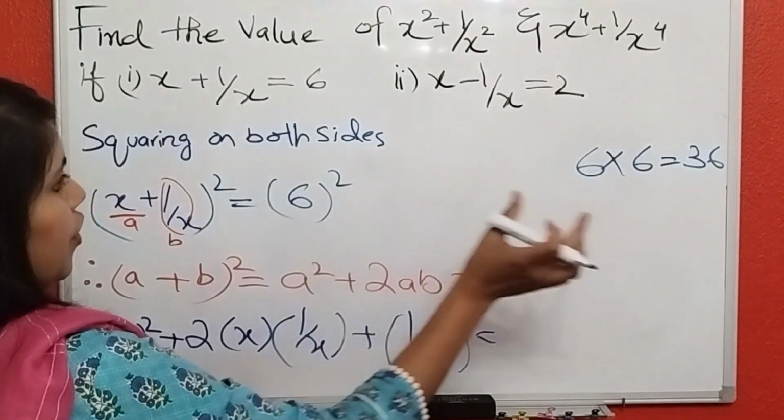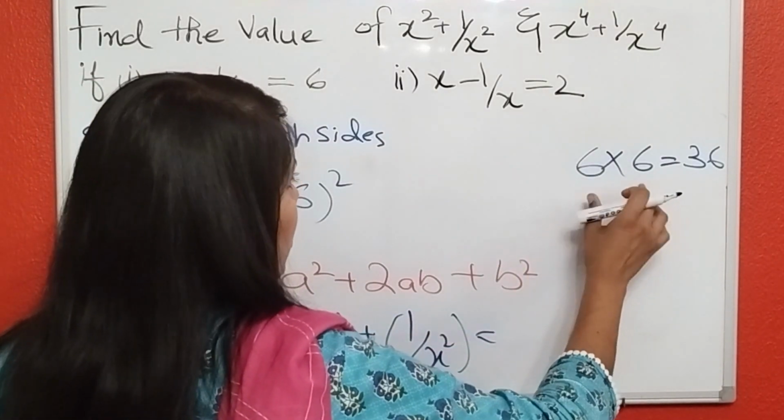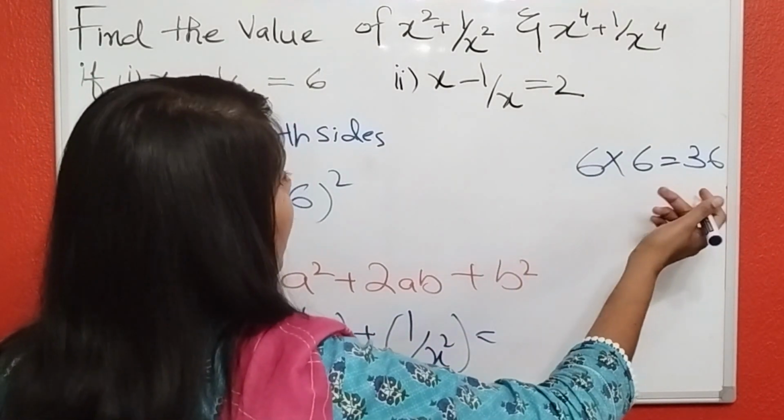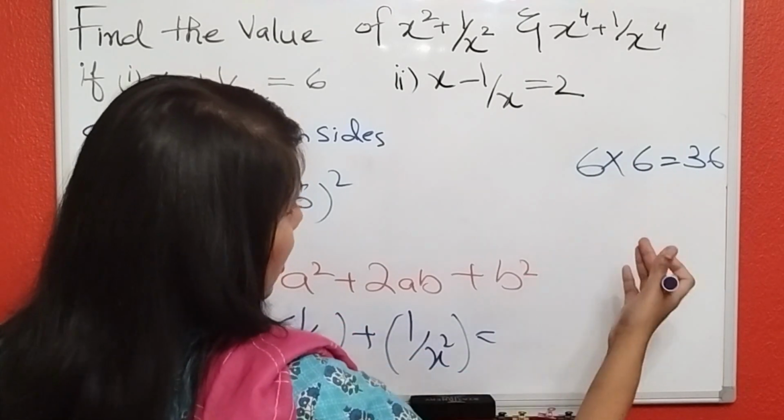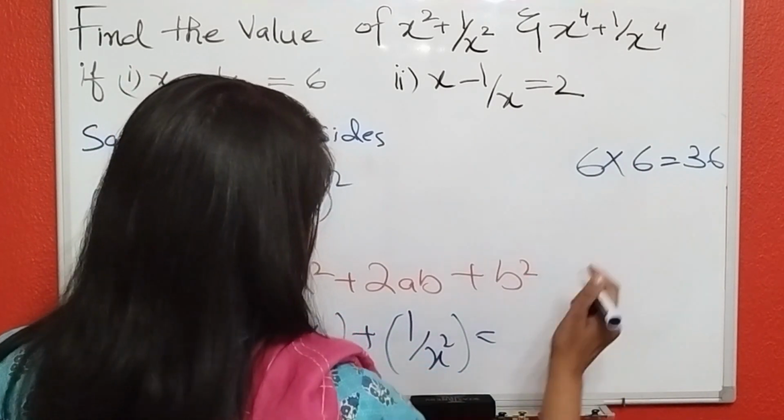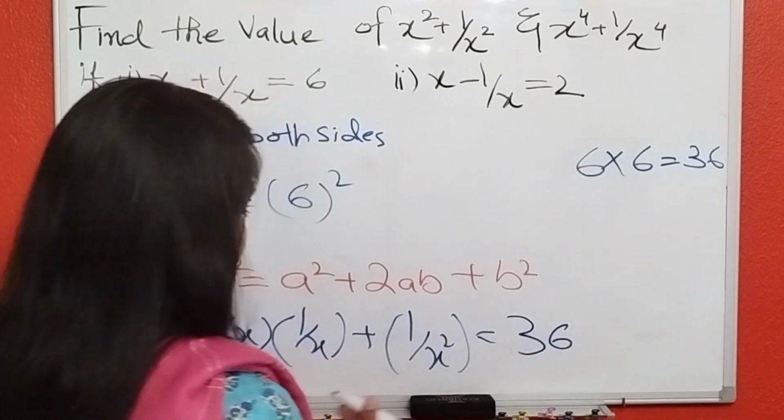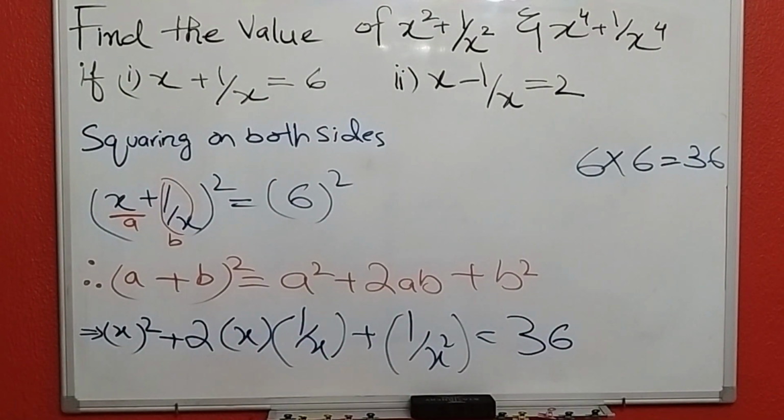Square of 6 means you have to multiply 6 itself two times. So 6 multiplied by 6 is 36. So I am writing 36 here. I hope students you understand these steps very well.